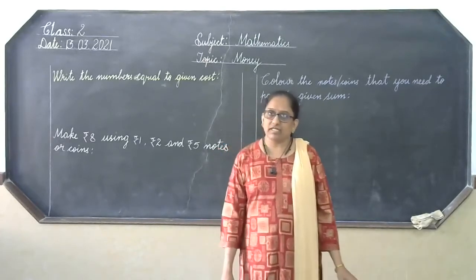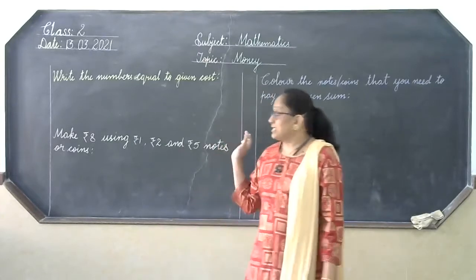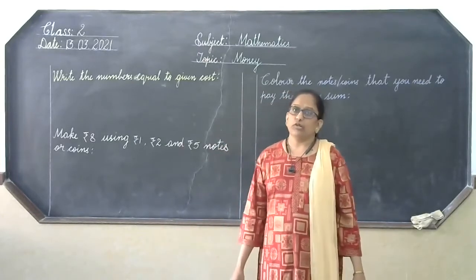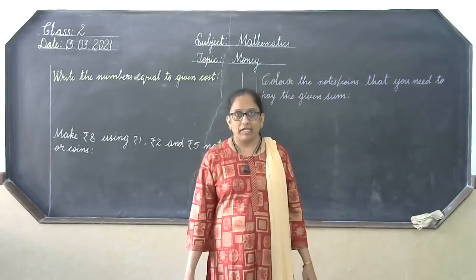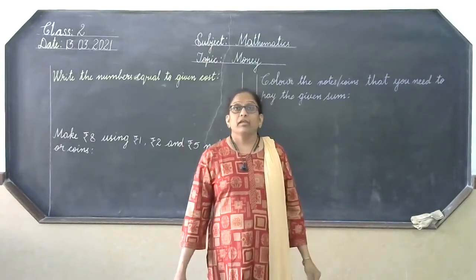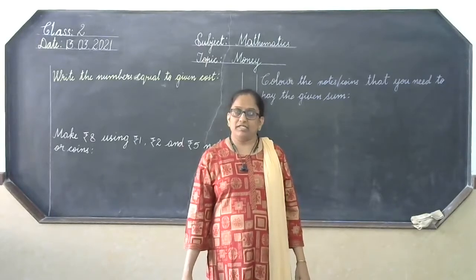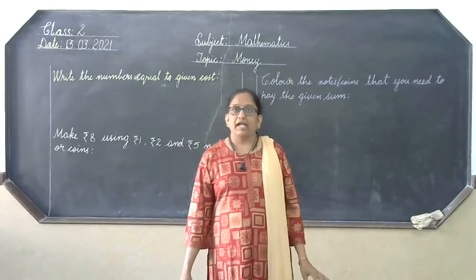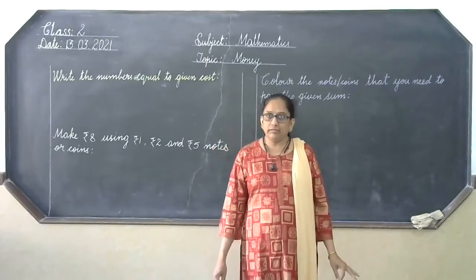Now, today, the remaining mains. Which are the remaining mains we have? In that one, let us take three of the mains now. What I told you: in India, we call the currency notes and coins rupees and paise. The smaller unit is paise and the bigger unit is rupees.